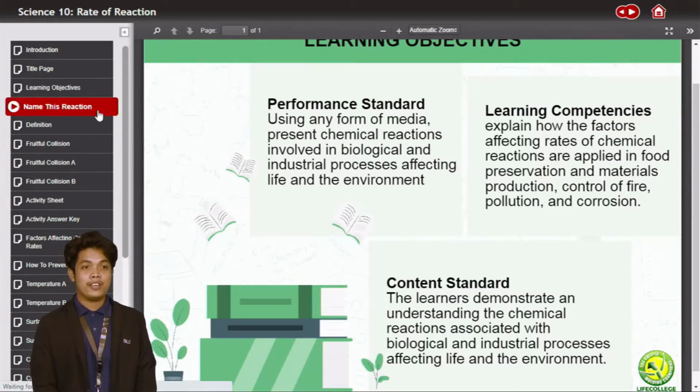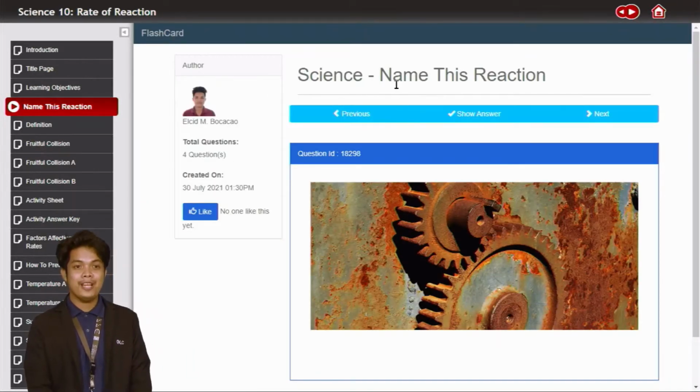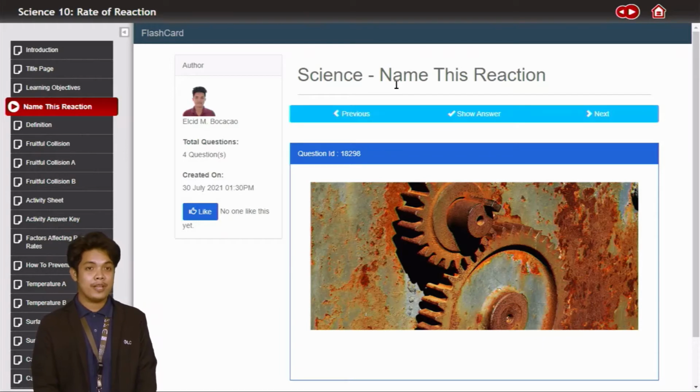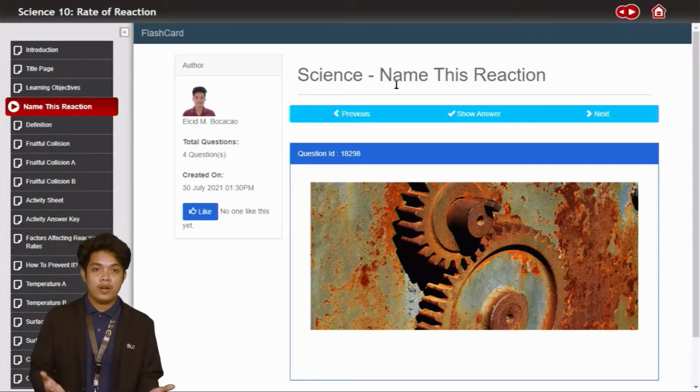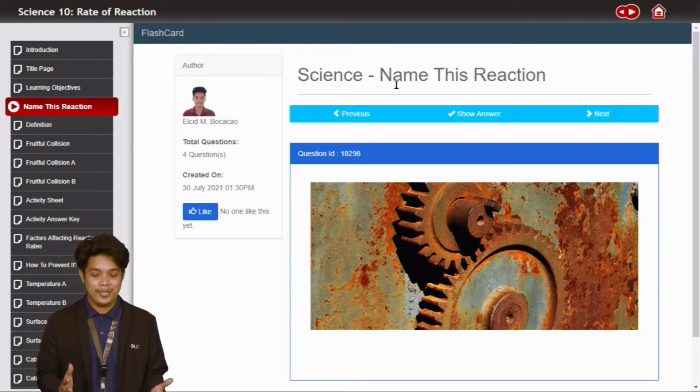I call this activity, Name This Reaction. I will present different types of reactions and then you will name that type of reaction. More likely, the reactions that I will show are the ones which are happening in our everyday lives. Thus, it is a part of our everyday chemistry series of our Unit 1.